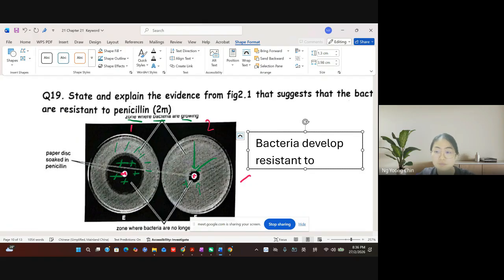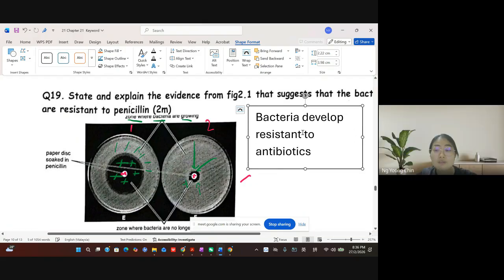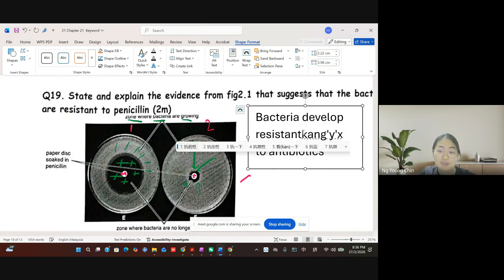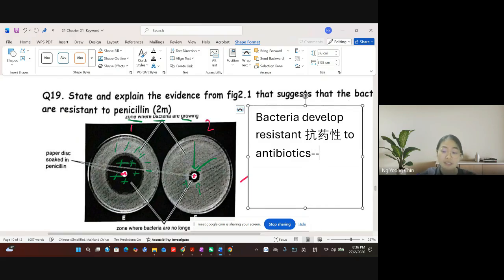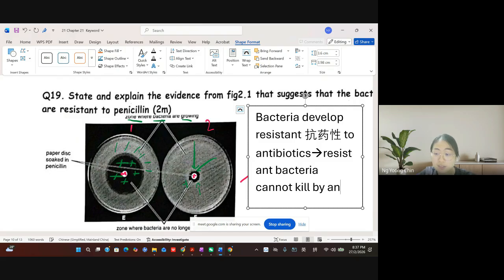Cannot. Resistant means what? 抗药性. Cannot be killed. So just remember, if the bacteria develop resistance to the antibiotic, it will be unable to be killed, because resistant bacteria cannot be killed by the antibiotic.